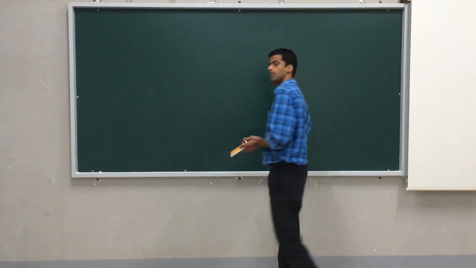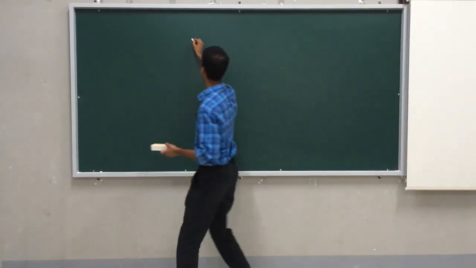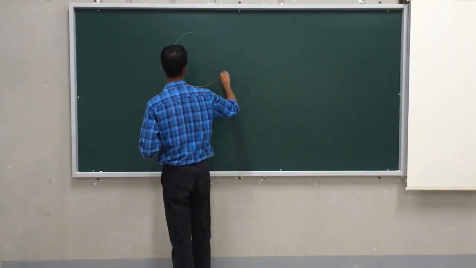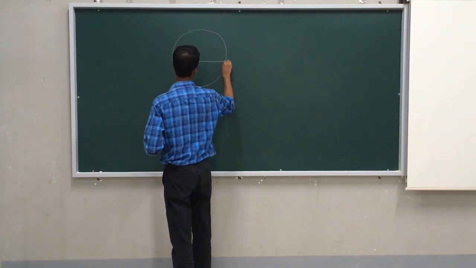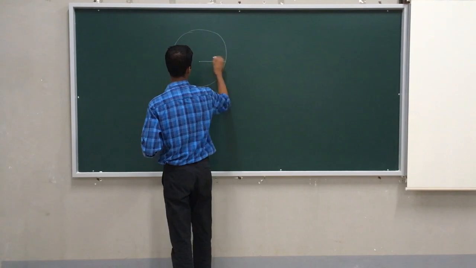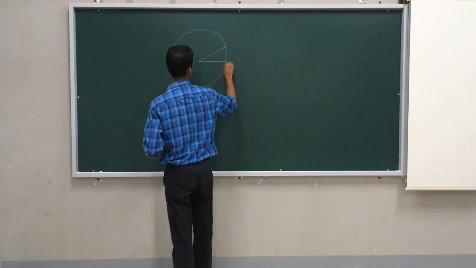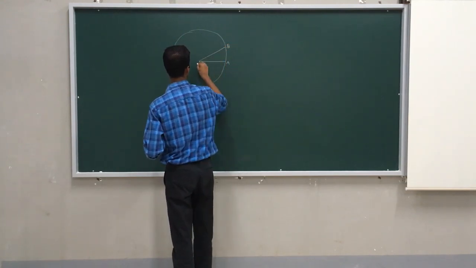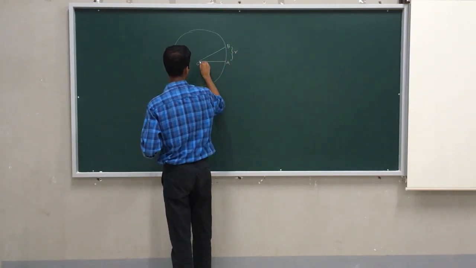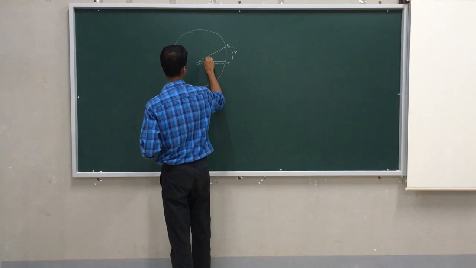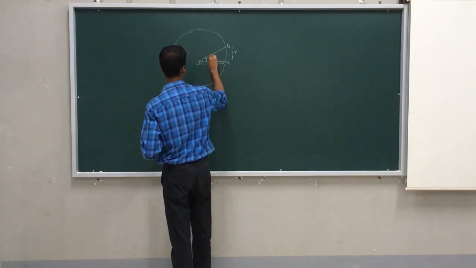See, I just told you about this particular concept. I have considered one circle, and a radian is formed based on the radius. If I take A, B, this length is the same as the radius of this circle and it is called 1 radian.